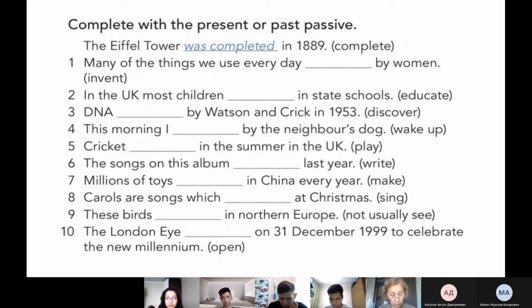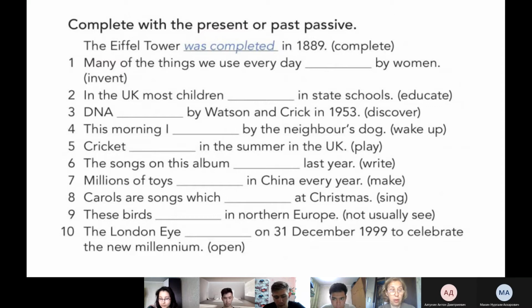Okay, and so Anton, number 10. The London Eye was opened on 31 December 1999 to celebrate the new millennium. Do we know what the London Eye is? What is it?